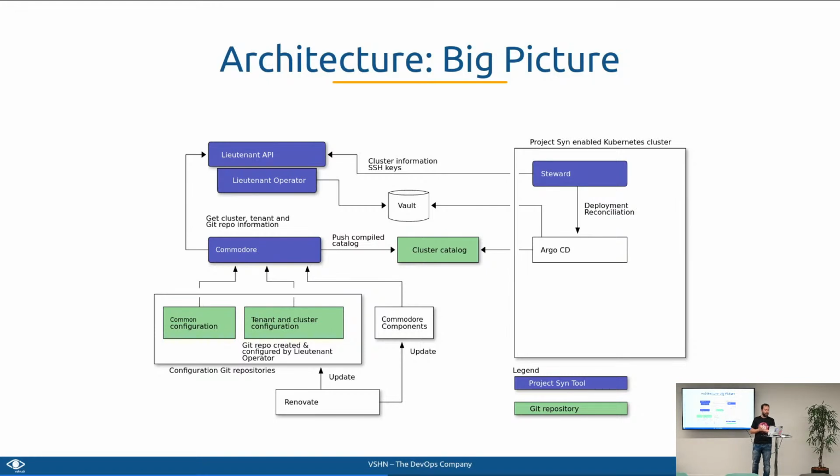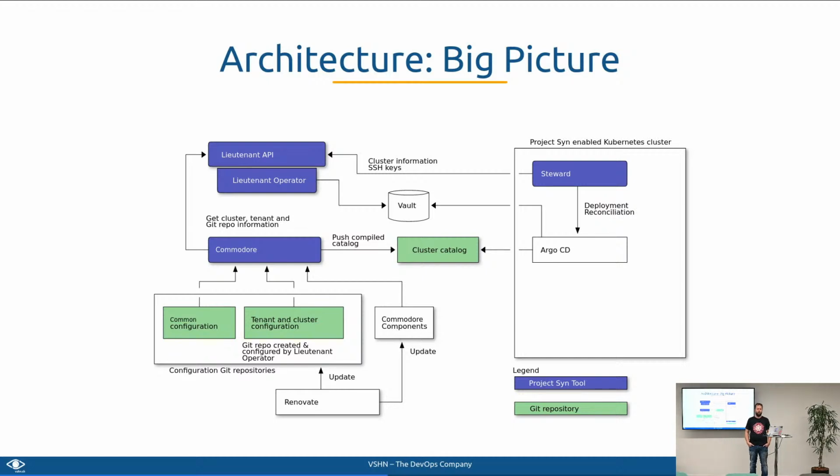On the Git repository side, we have the common configuration Git repository. This holds configuration settings for all your Kubernetes clusters which are managed by this instance of Project Syn. Then you have another Git repository which stores information per tenant. That can be, as already told, a customer, a team, or a sub-team, or whatever you want to have as a tenant.